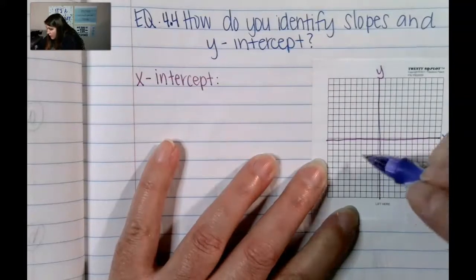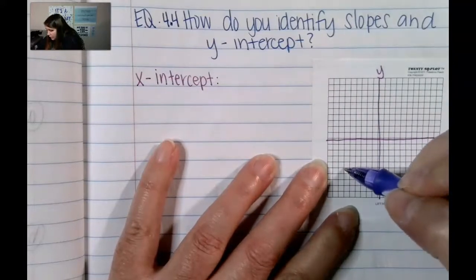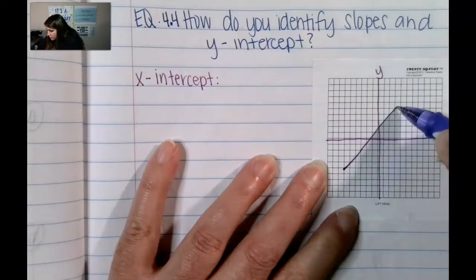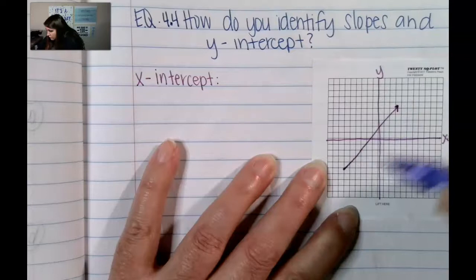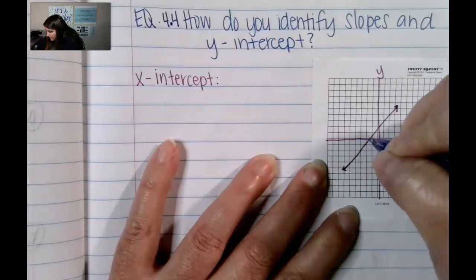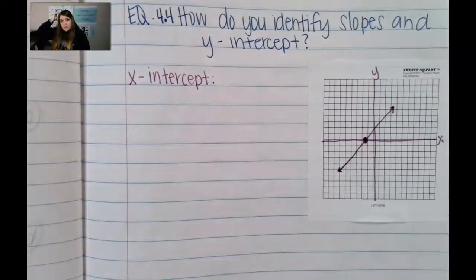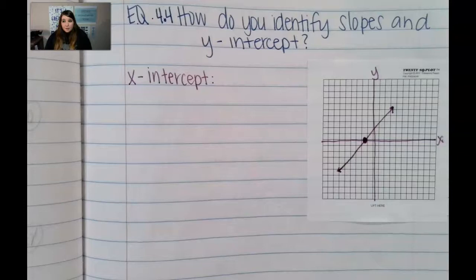Wherever we have a line graphed, like let's say the line goes from here to here, right here is the x-intercept. So it's wherever on that line the line crosses through the x-axis.